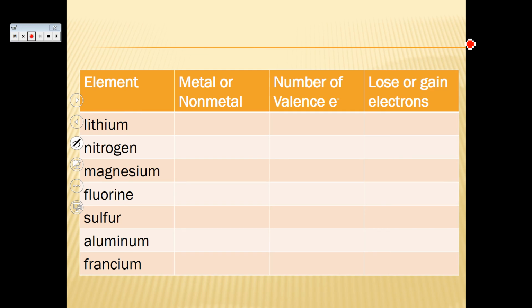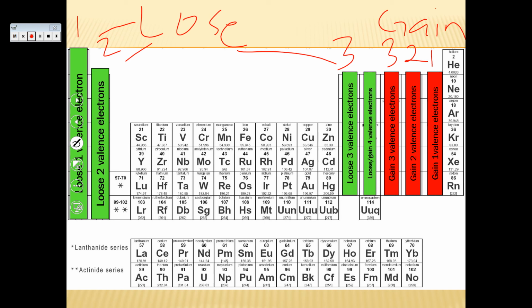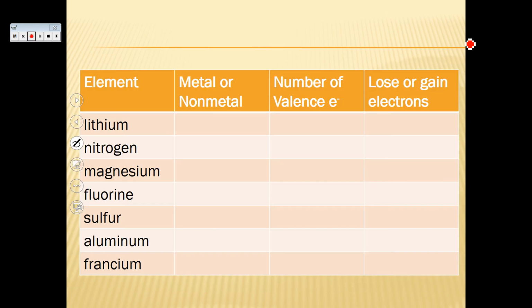So let's take a look at these examples. Lithium. Let me go back to this one for just a second. The general rule is that metals lose their electrons, nonmetals gain electrons. So lithium, which is a metal in group 1, has 1 valence electron. It will lose its 1 valence electron.